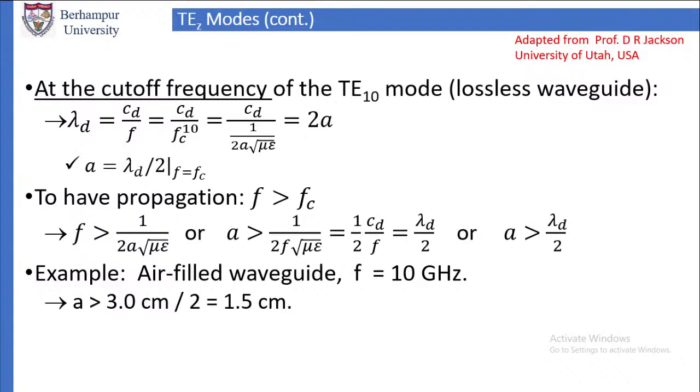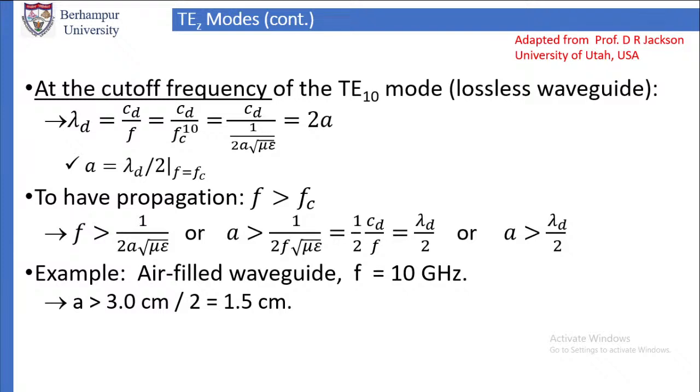Lambda_d, lambda inside the waveguide, is equal to c_d by f. As you know, lambda is equal to c by f. So lambda_d is equal to c_d by f. Here we are at the cutoff frequency, so f is f10. So fc10, that is equal to c_d divided by 1 by 2a root mu epsilon.